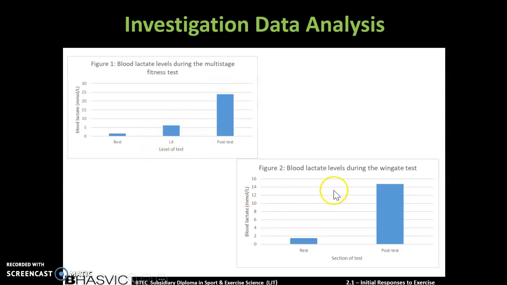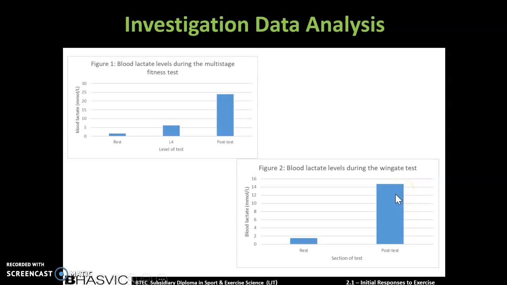Now looking at the Wingate test, you see rest was approximately 1 millimole per litre of blood lactate, and then the post-test, that's about 15 millimoles per litre. And you can see in just 20 seconds the rate in which that has increased.